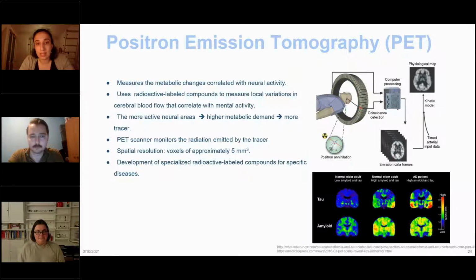So we can see how increased tau amyloid levels are in an Alzheimer's patient, and we can see how it compares with a normal adult. And yes, that's PET.